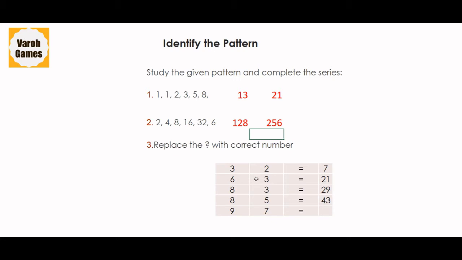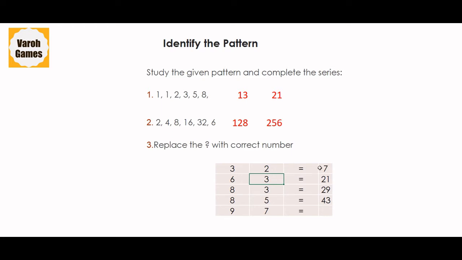So let's try that here as well. 3 plus 2 is 5, but no, that is not our answer. Let's move to subtraction then. 3 minus 2 is 1, which is also not our answer.